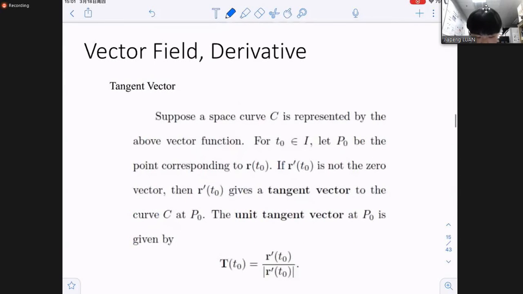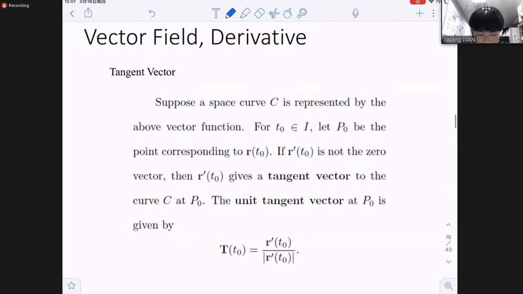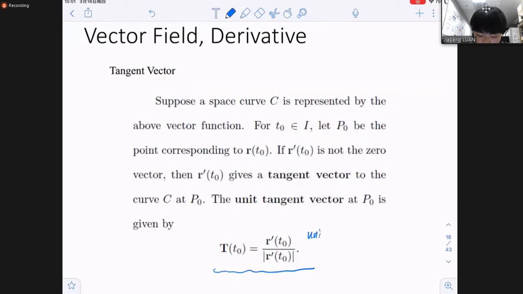And then it's about a tangent vector. Actually, a tangent vector is a unit vector. So a unit vector has a value of 1, so it has a form like this.